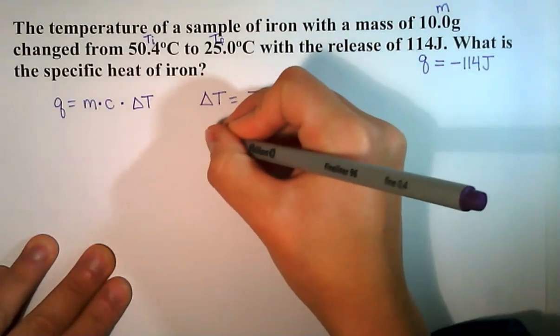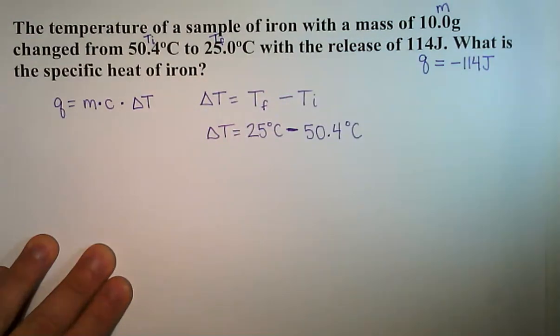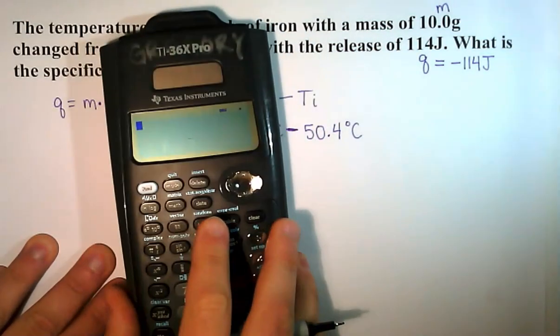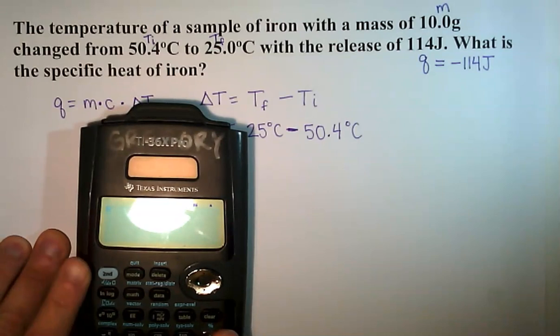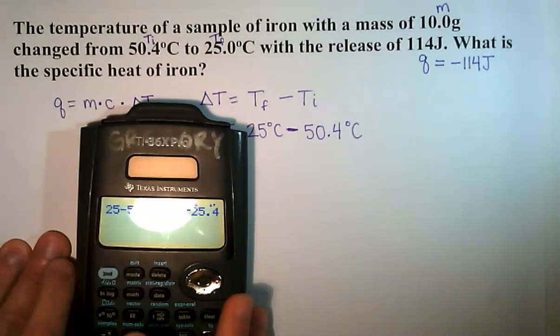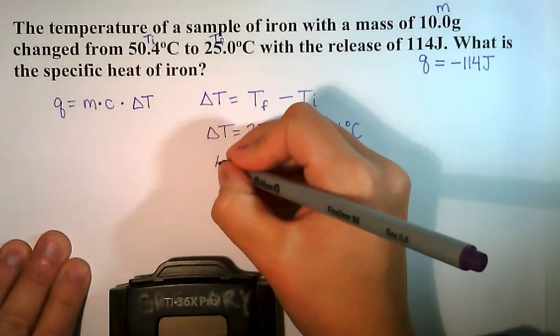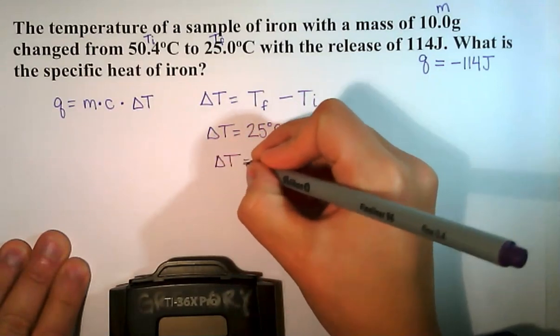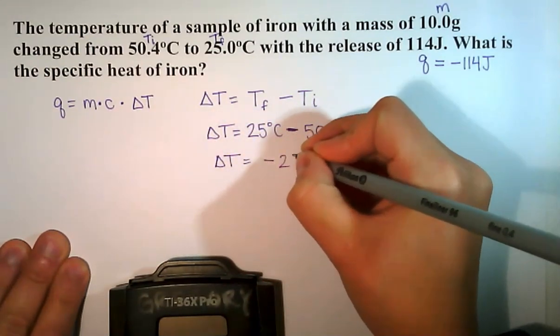So that would be our delta T. Now I'm going to use a calculator here because when we get into these negative numbers, it does get a little bit confusing to do in your head sometimes. 25 minus 50.4 gives us a temperature change of negative 25.4, meaning that our temperature is dropping by 25.4 degrees.